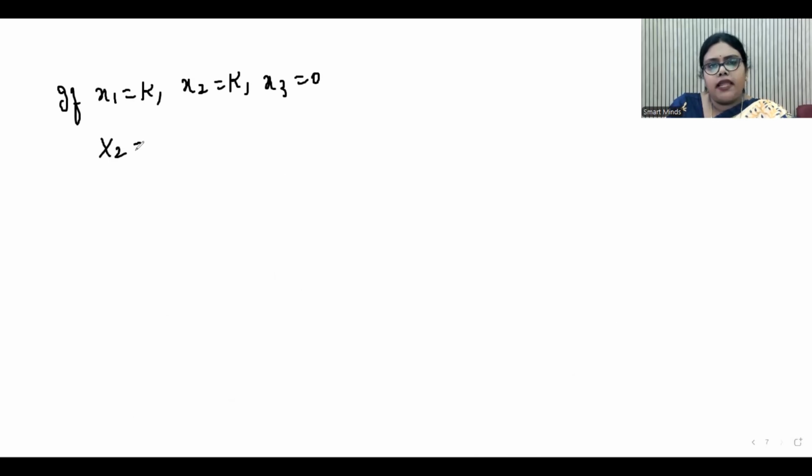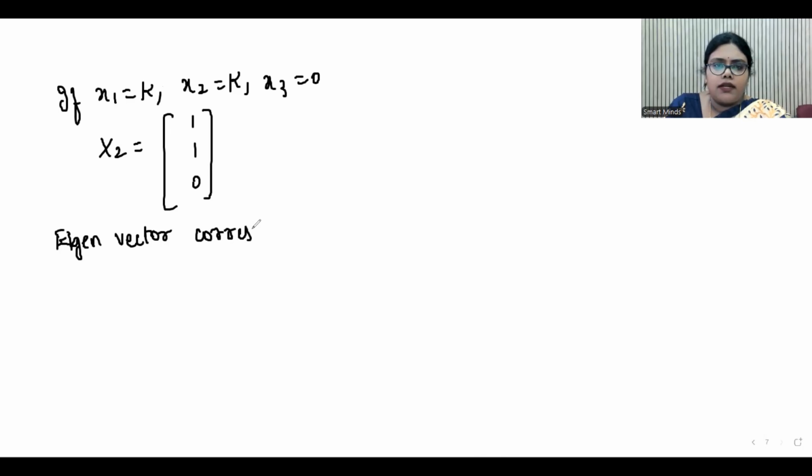So what is the second eigenvector? 1, 1, 0. We need to take the coefficient of k always. Now after this we need to find out the eigenvector corresponding to lambda is equal to minus 3.